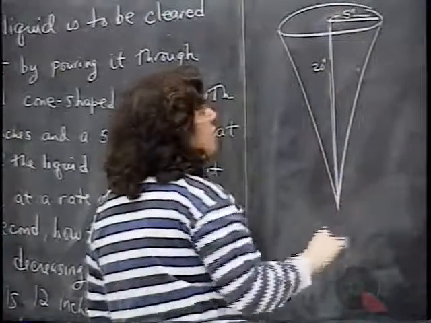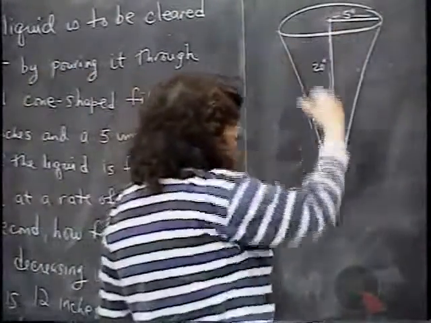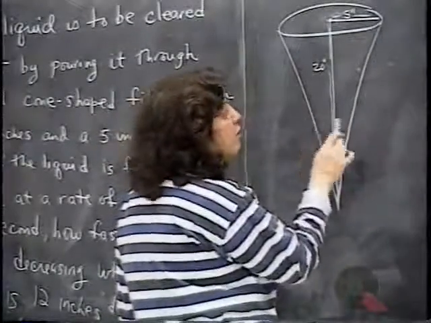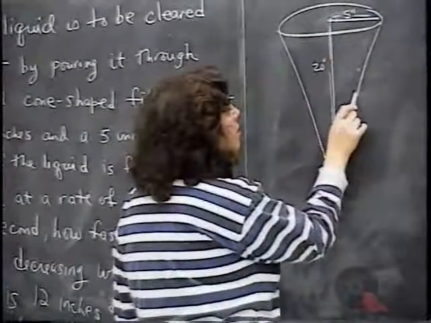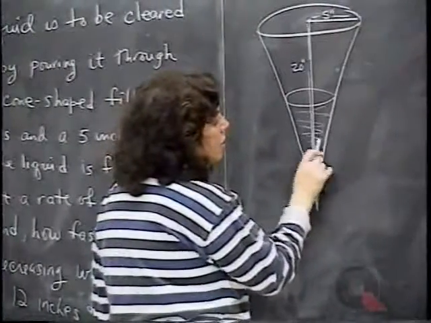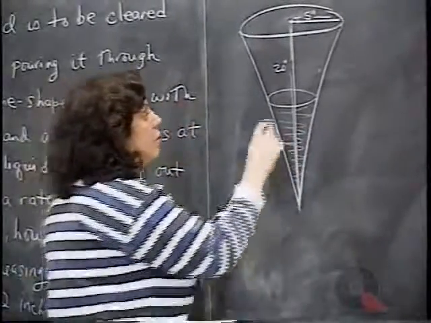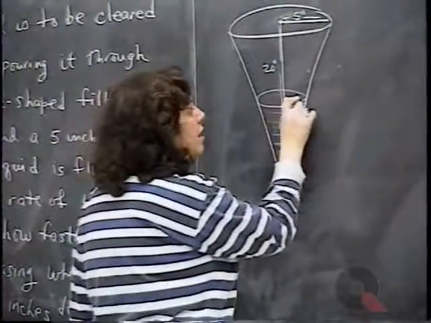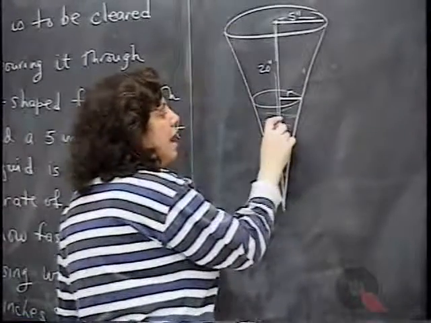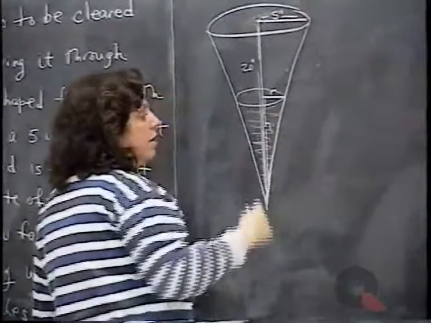Now that's the dimensions of the filter. There's liquid being poured through this filter to clear it of sediment. At any particular moment, there's a certain amount of liquid in the cone. Now, the variables in this problem are r, the radius of the liquid at the liquid level, and h, the depth of the liquid in the cone.